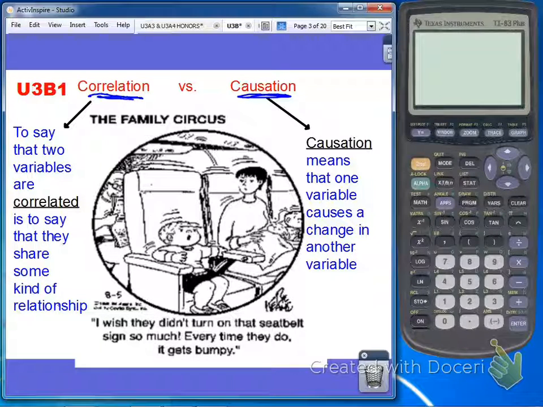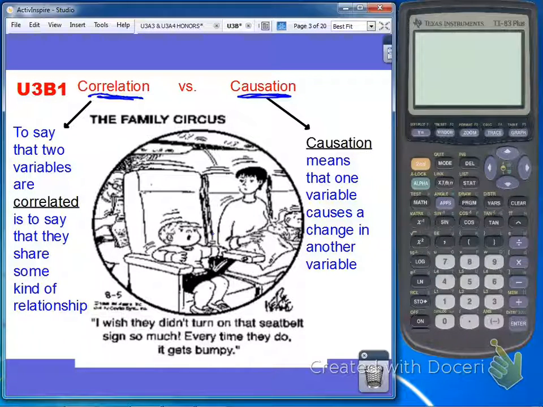However, to use the phrase causation, or to say anything about this causes that, it's that one variable creates a change in the other variable. Okay? So, now, is this particular example of the little boy correlation or is it causation?